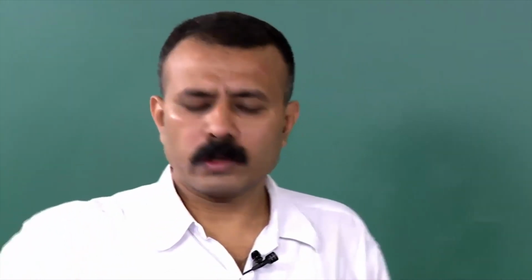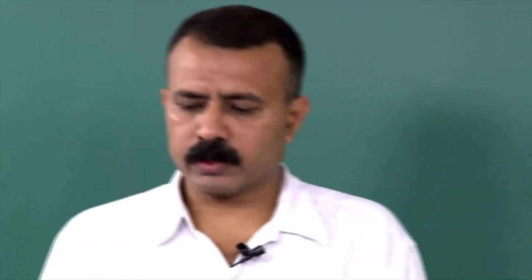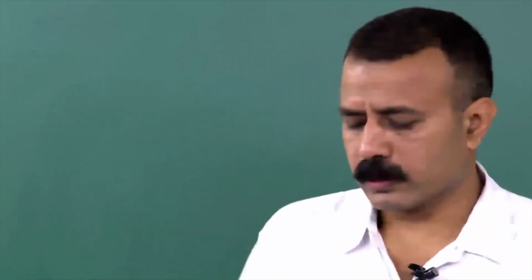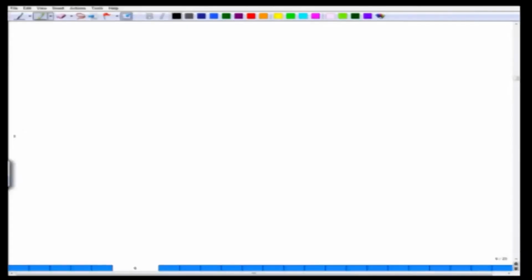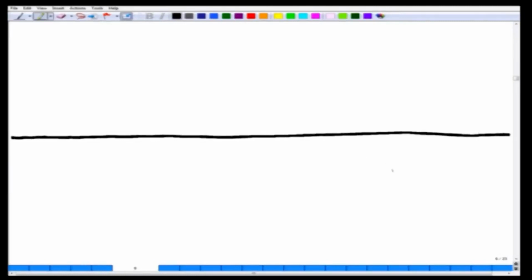Before I start the patch clamp technique, let us get some of the timeline right, what happened during the last period. If we go back, I am drawing the x axis and I am showing you the time. Somewhere around 1700 or 1800, this is the time when there was preliminary understanding.